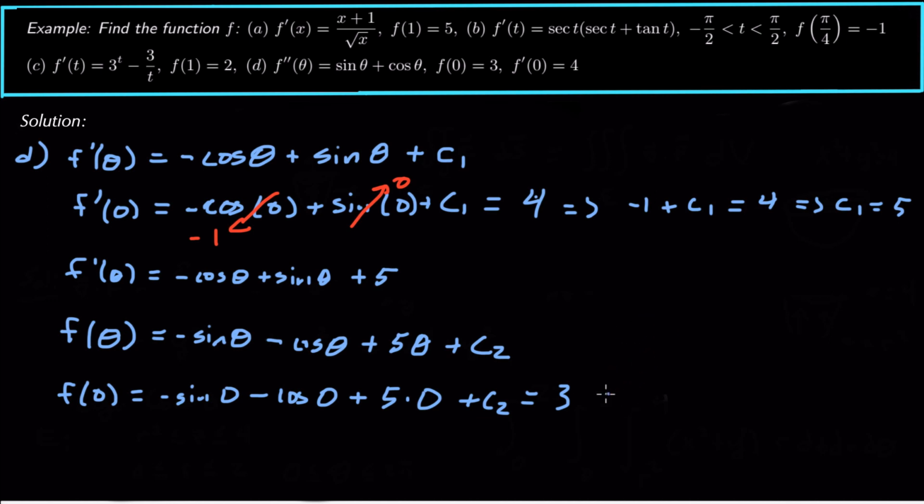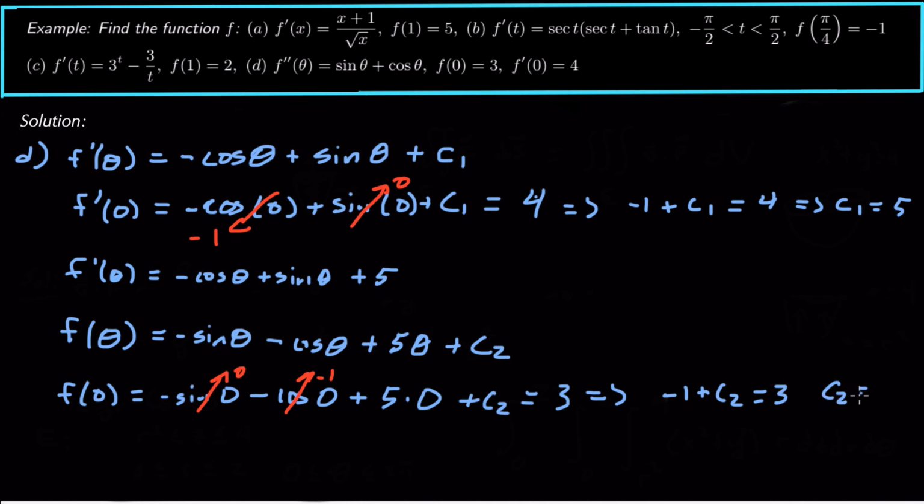So that tells us that c2, let's see, this is going to be 0. This is going to be negative 1. 5 times 0 is 0. Negative 1 plus c2 equals 3.